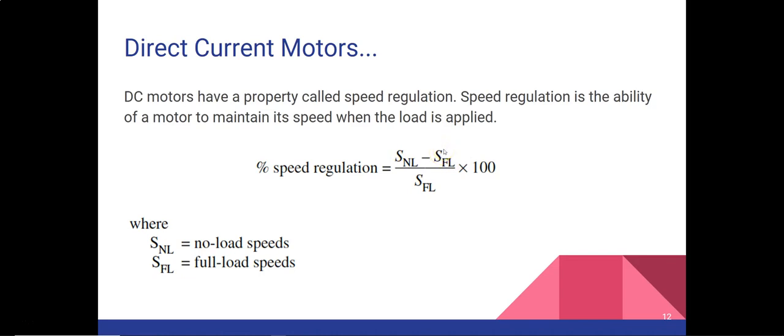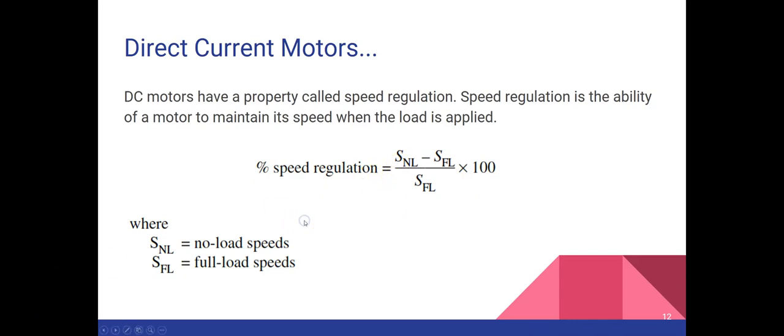If the load is applied to the DC motor or machine, then the speed of the motor will decrease automatically, and thus to maintain a constant speed, the difference between the no load and the full load speed, which is basically called speed regulation, should be maintained very small.